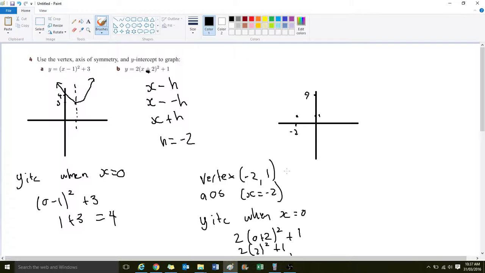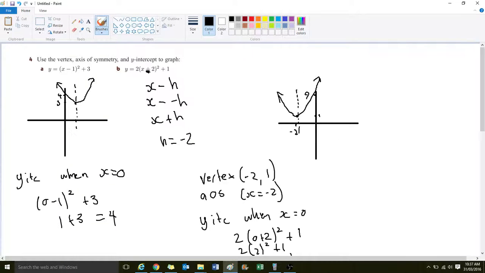And the axis of symmetry also occurs at x equals -2. The axis of symmetry we just demonstrate with a dotted line. So it's going to look something like this going through those points. Again, the axis of symmetry just tells us that the function is symmetric about that line there.